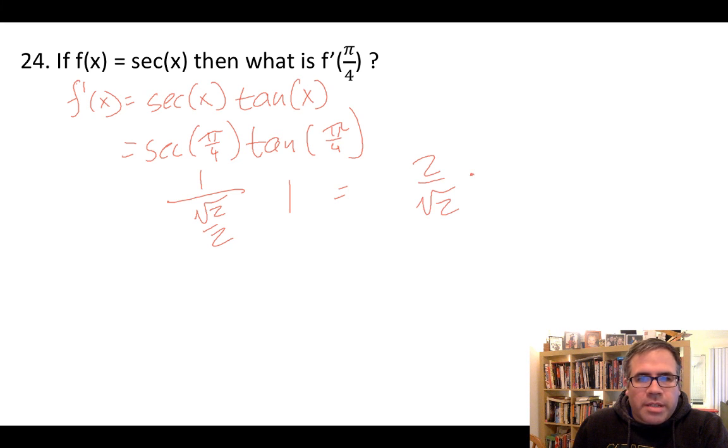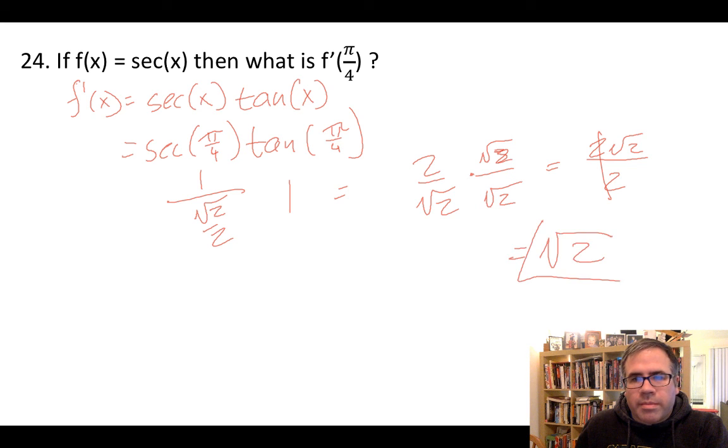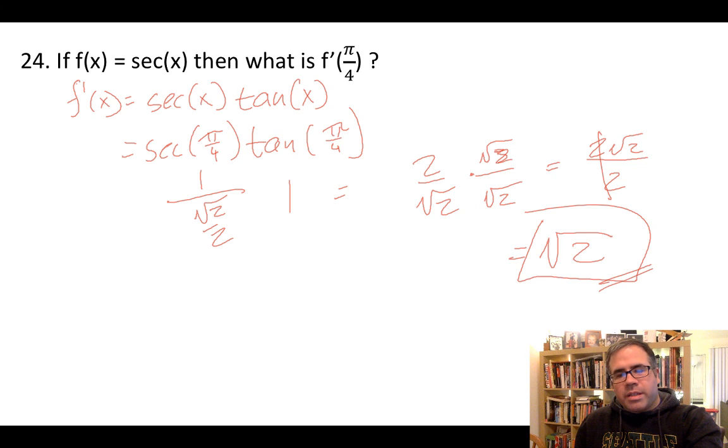If you rationalize this denominator the traditional way, with multiplying top and bottom by root 2, you get 2 root 2 over 2, because root 2 times root 2 is just 2. And these cancel. The end answer, the simplest form, is going to be just the square root of 2. And there you have it. That's everything on the first test.